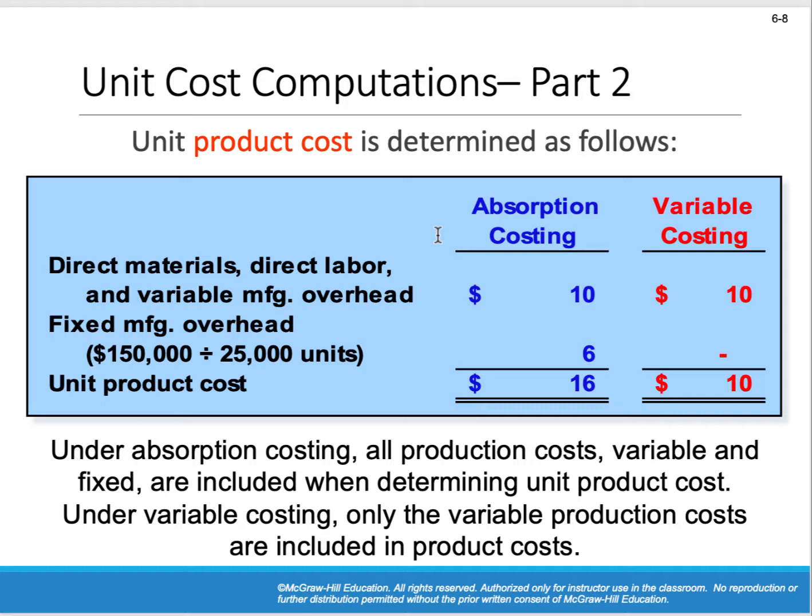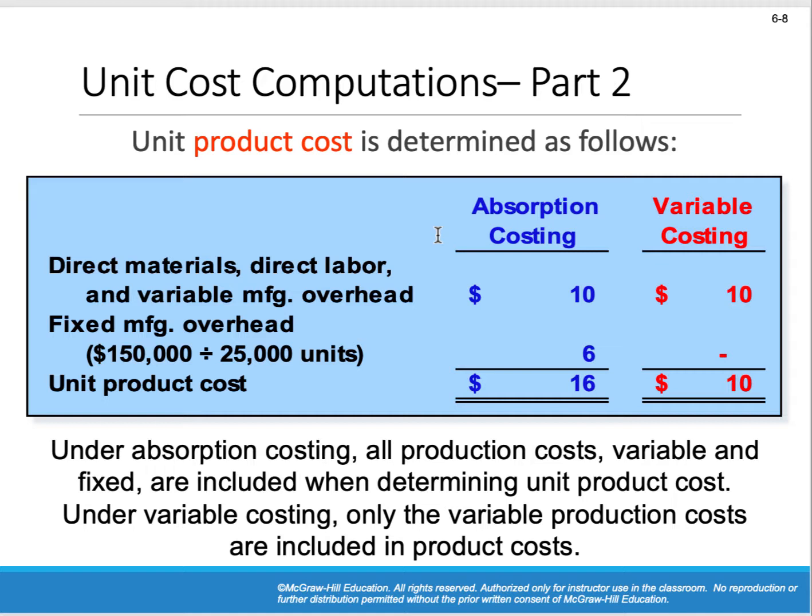Okay? So you can see the slide states, hey, under absorption costing, all product costs, whether they're variable or fixed, are included when we determine the unit product cost. Under variable costing, only the variable production costs are included in the product cost. Very, very, very important.